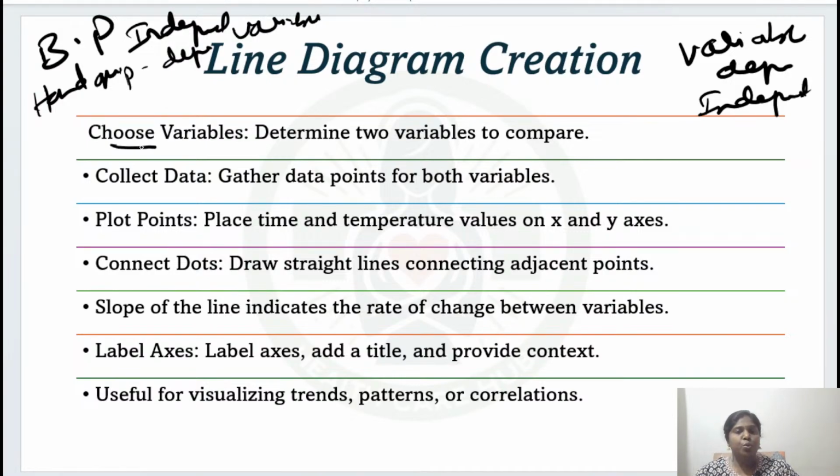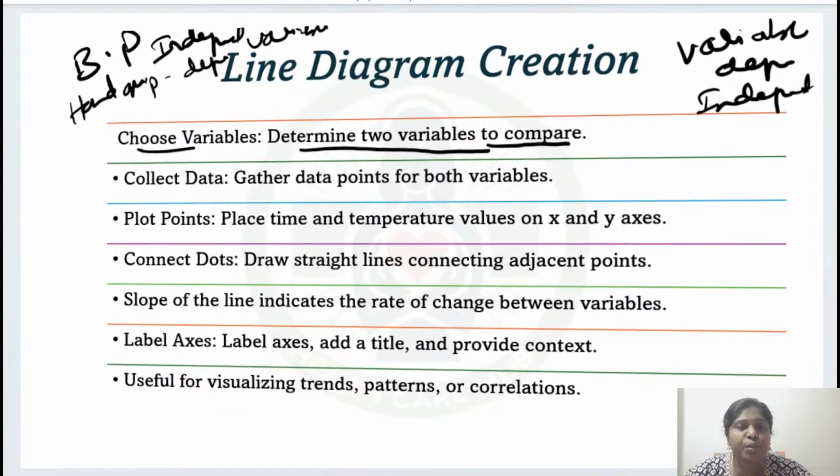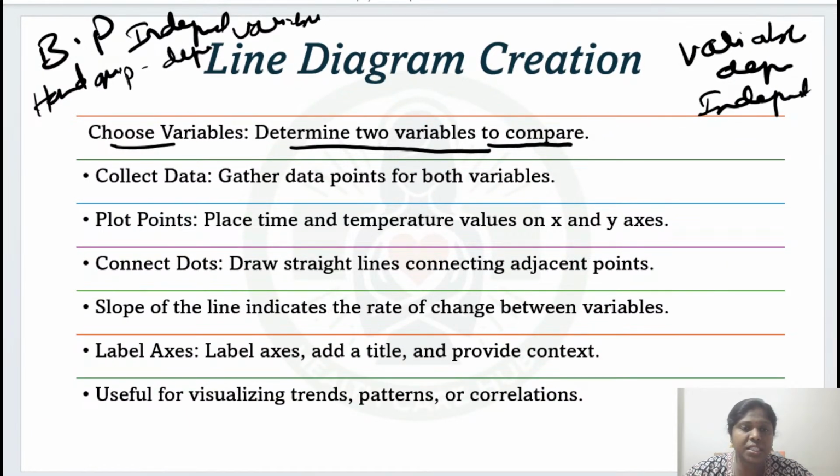So we have to choose and determine two variables to compare. In the line diagram, we will draw the two variables and join them. In this process, we collect the data and plot the points in the graph.